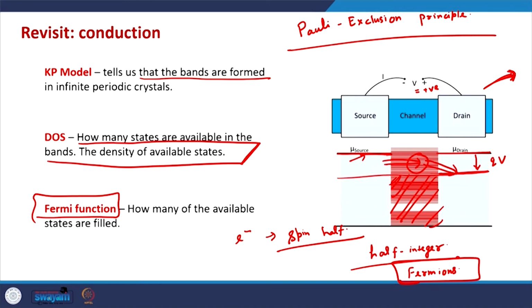In other words, Pauli's exclusion principle states that two electrons cannot occupy the same electronic wave function when we take spin wave function and the space wave function together.